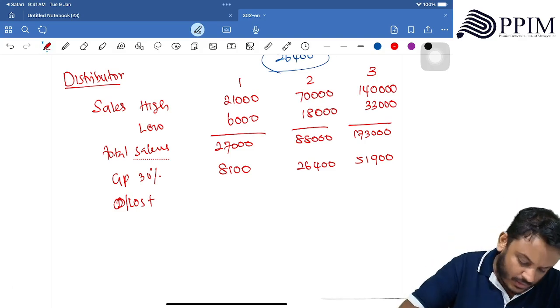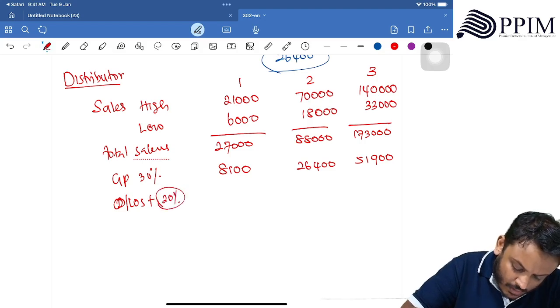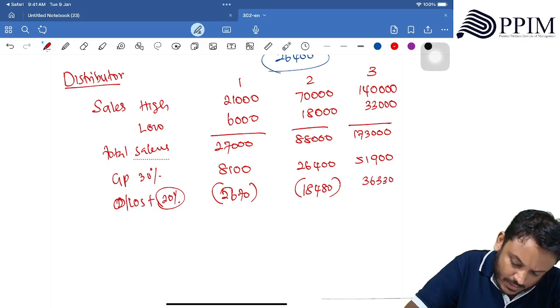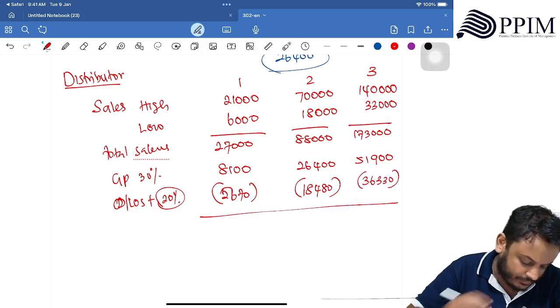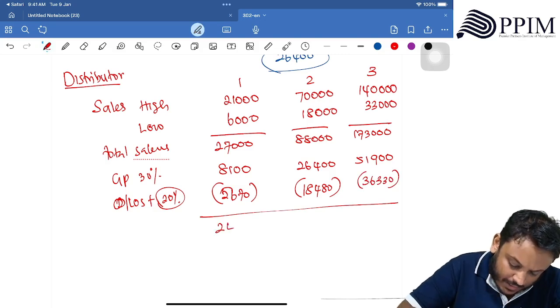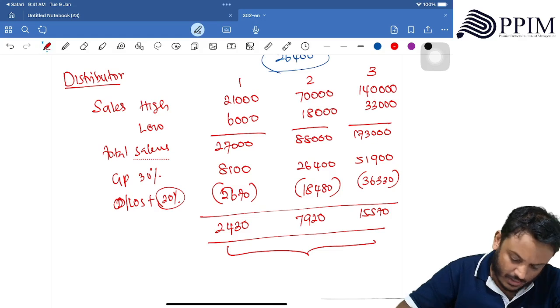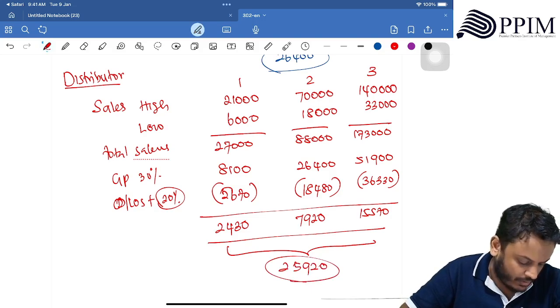So 5,000, this is 20%. 5,670, here 18,480, here 36,330. They gave 20%. In the question, read the question. 7,920 and 15,570 is the profit. And if you total these three, 25,920.